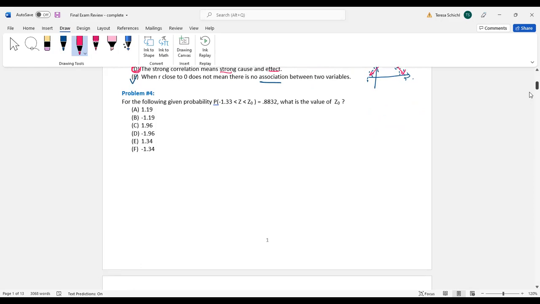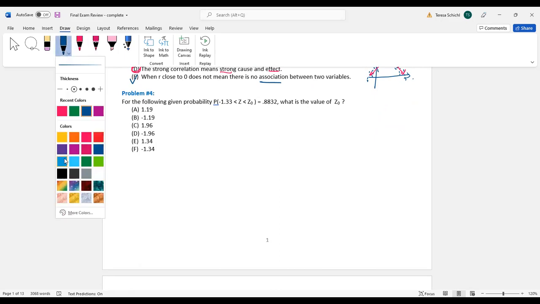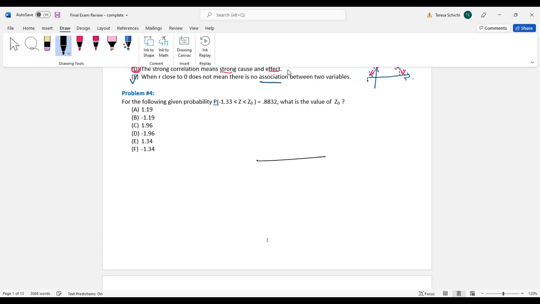Okay, so now problem number 4. Find the probability: if the area from Z equal to negative 1.33 to Z0 is 0.8832, what is the value of Z0? When we do this type of problem, it's always better to graph it, right?